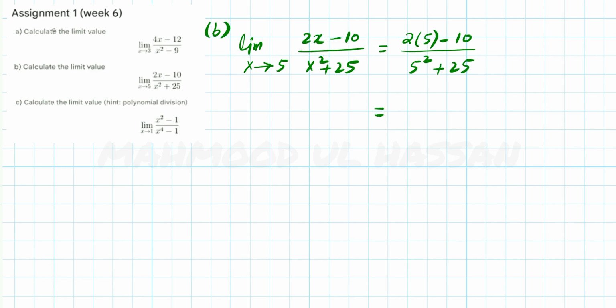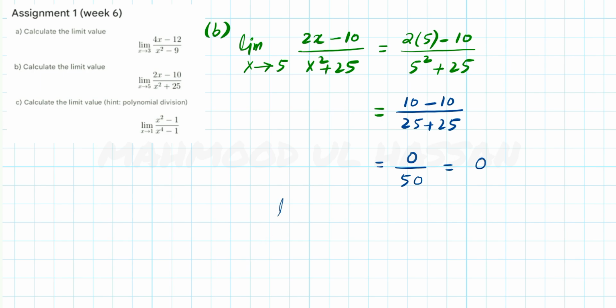So now the numerator would become 2 times 5 is 10 minus 10, divided by, and the denominator would become 5 squared is 25 plus 25, so 0 divided by 50, and we know that 0 divided by 50 is 0, and we can see that the limit exists. 0 is a defined value, so we can say that the limit of the function when x tends to 5 is 0.